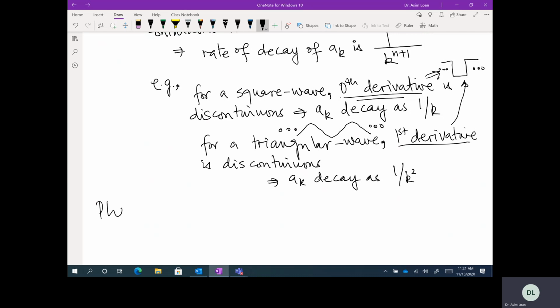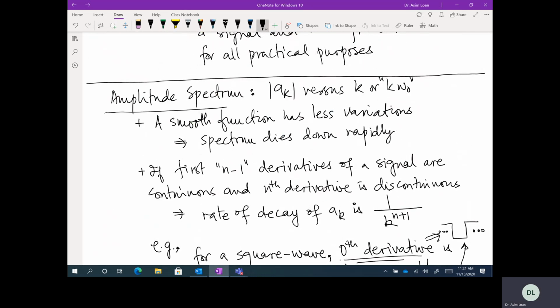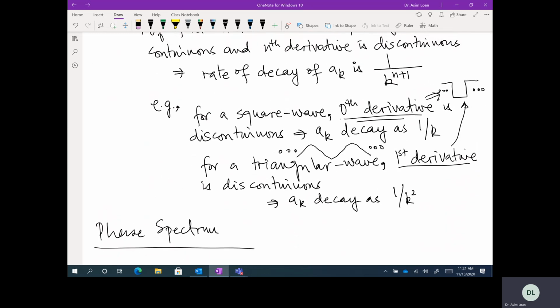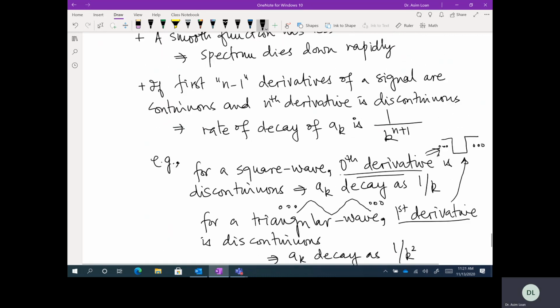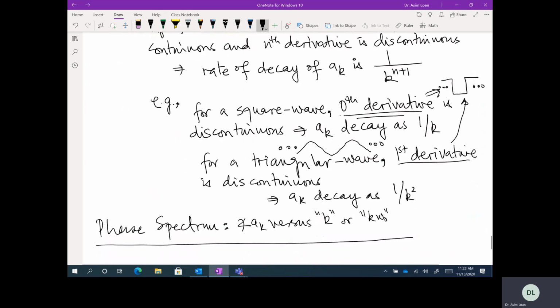And what happens for the phase spectrum? The phase spectrum is the angle of a_k versus k or k omega naught. And what happens there?